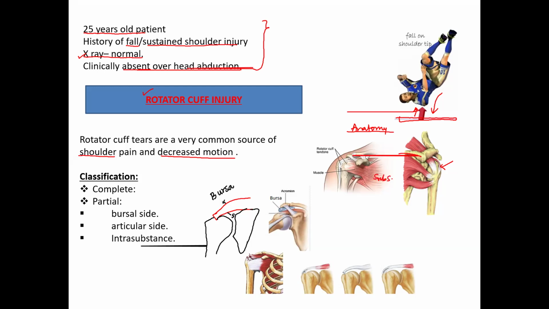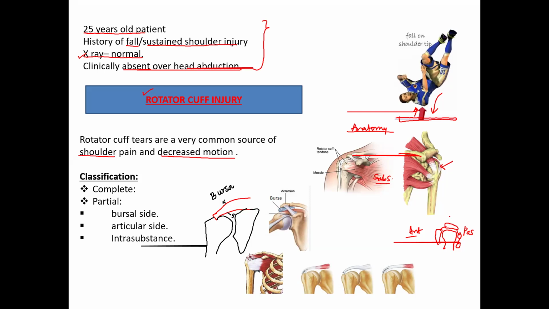So we have four muscles here: subscapularis, supraspinatus, infraspinatus, and teres minor. These four muscles form the rotator cuff.